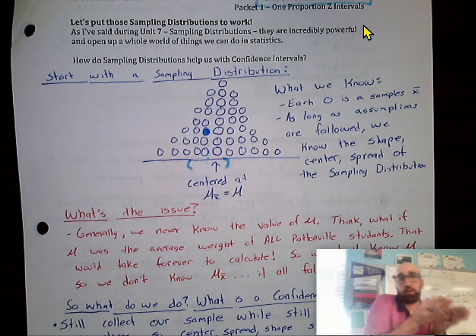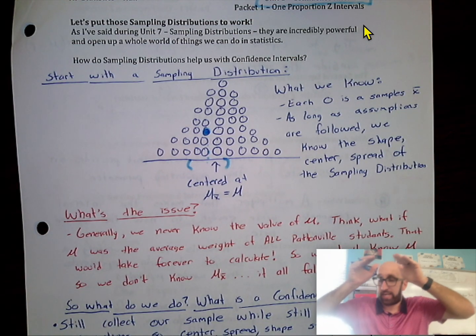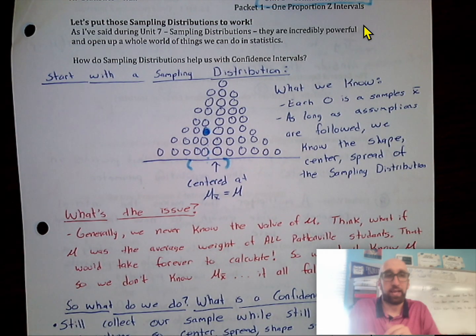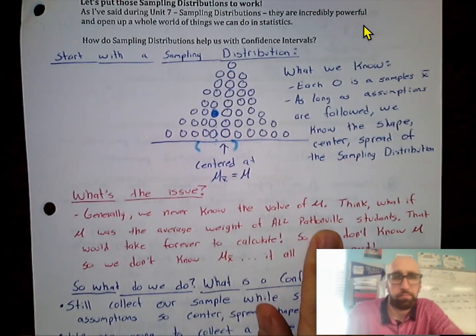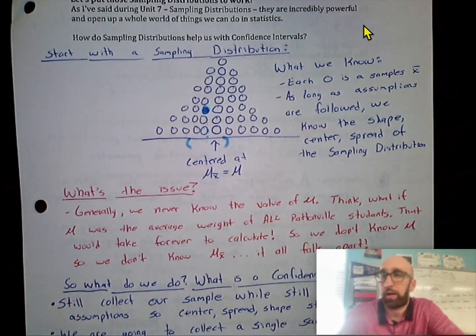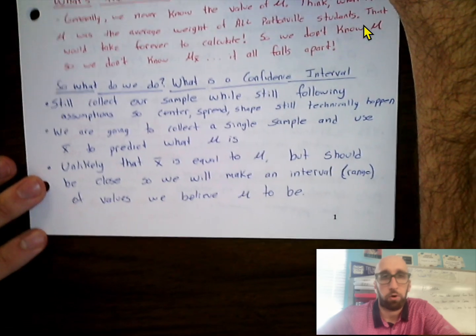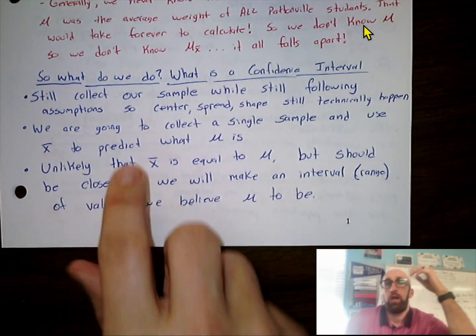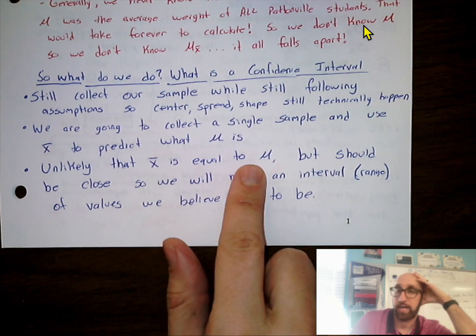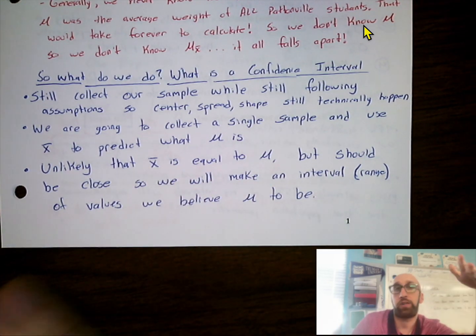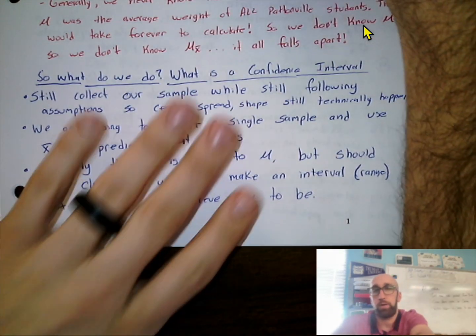It doesn't matter if it's close to the low or close to the high. We're just going to say it's somewhere in here. And if we can do that, we have correctly guessed the population's average, and we can do a lot with that, okay? Maybe not so much knowing the average weight of Pattonville High School students, who cares, but you can imagine more important questions. So that's what I was trying to communicate down here. It's very unlikely that x bar is exactly aligned to mu, so we're going to create a range of values to try and predict where it is.